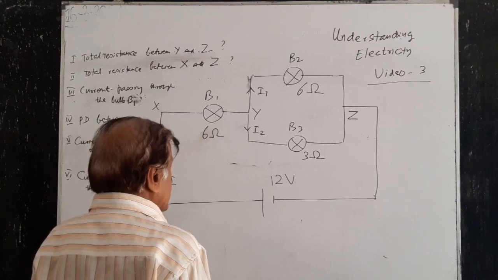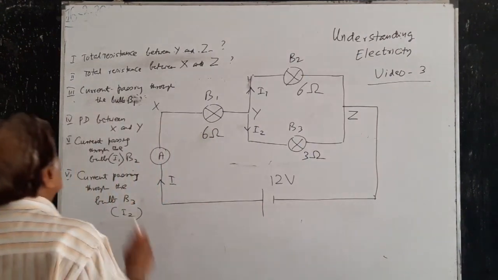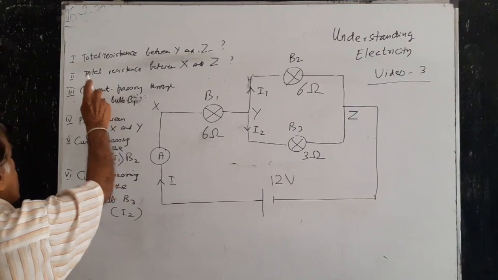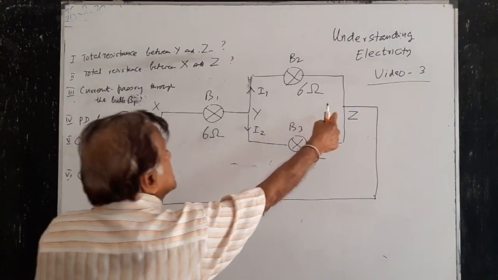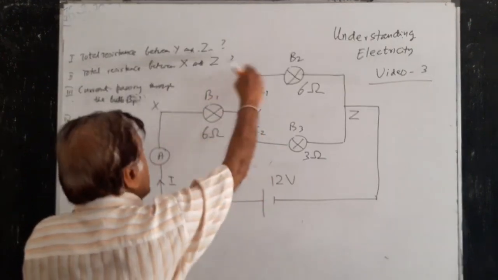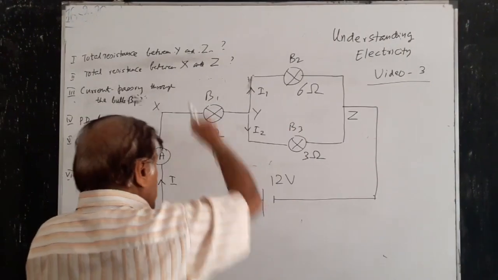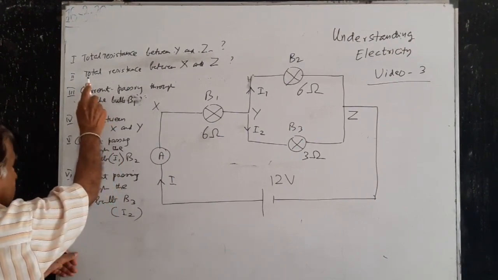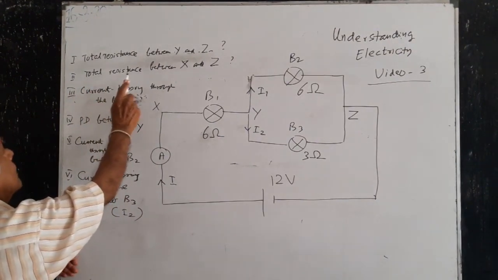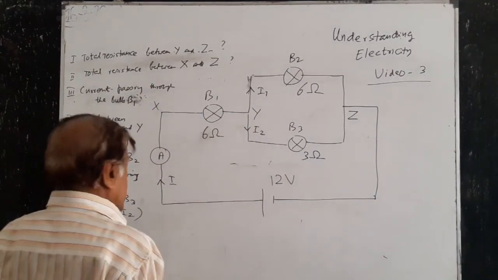They are connected in parallel. Now, part 2, total resistance between X and Z. That is the total resistance of all these bulbs. Here you have to calculate the total resistance of all these three bulbs.